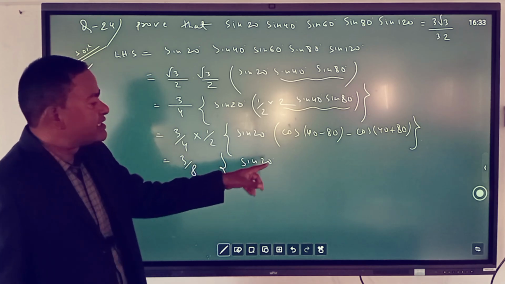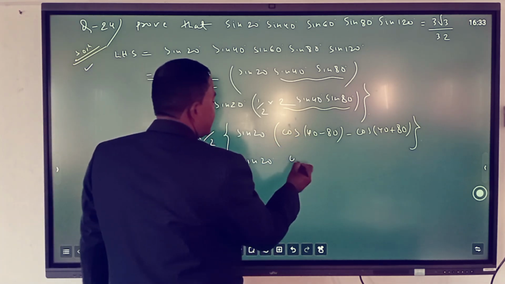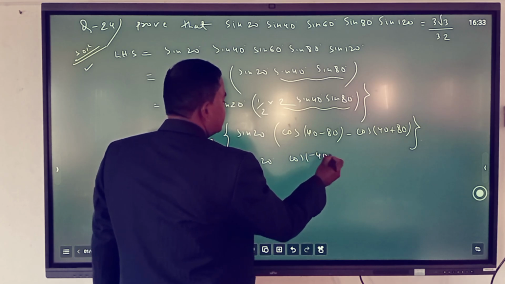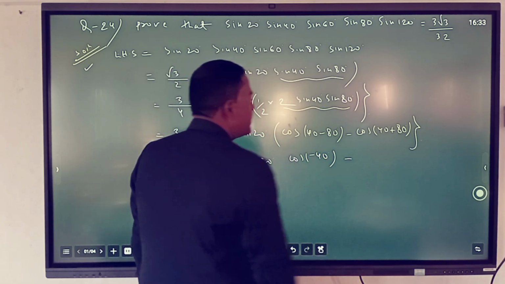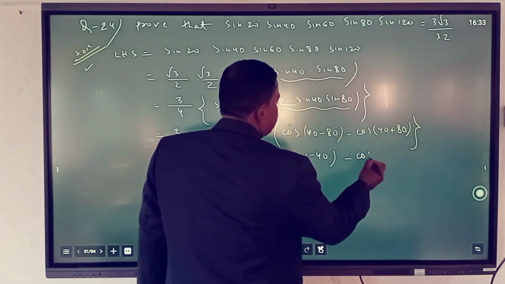Sin 20 degree keeping as it is. Now cos 40 minus 80, we get cos minus 40 degree. Minus cos 40 plus 80, we get cos 120 degree.